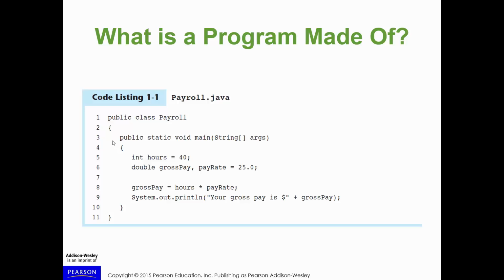Later on, we'll see how you write your own methods that are called by main or called by other methods. So you'll notice that the class, public class payroll, it's everything inside of the curly braces. Then you'll notice the public static void main String[] args also has its own set of curly braces.